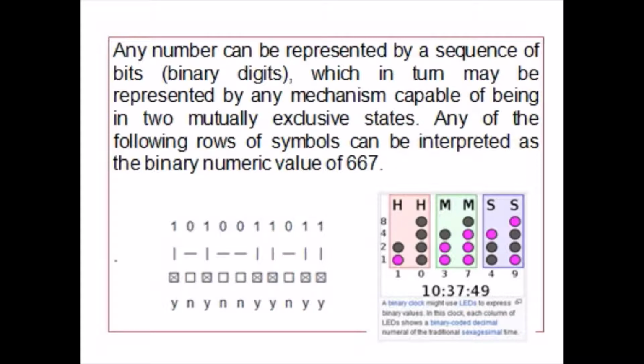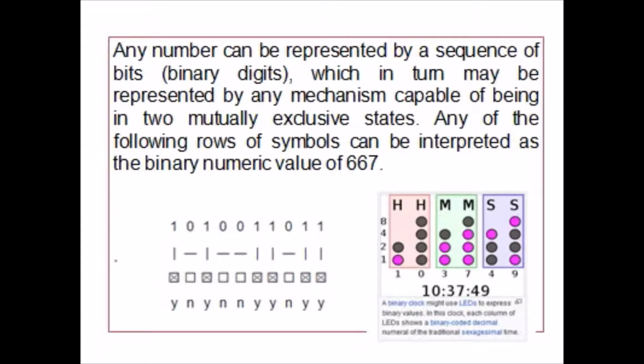Any of the following rows of symbols can be interpreted as a binary numerical value. The value of 667 can be represented as 1010011011, where in electronics the 1 will be yes and 0 will be no. So these forms can be used in some binary clocks.